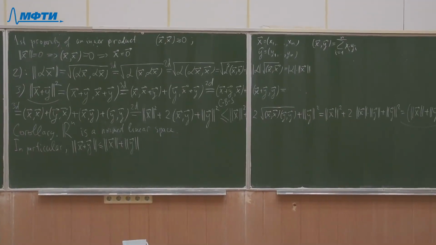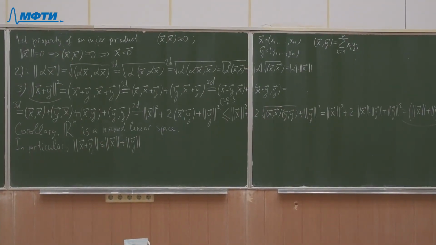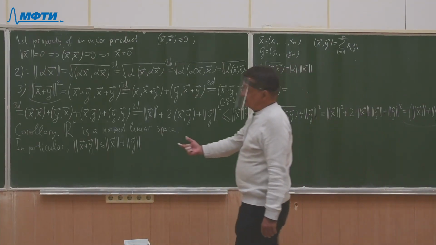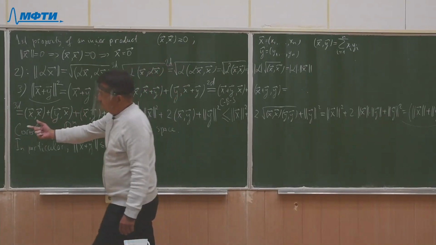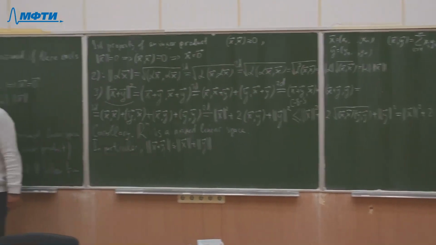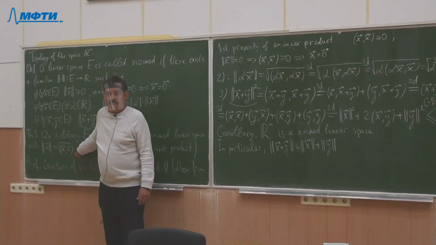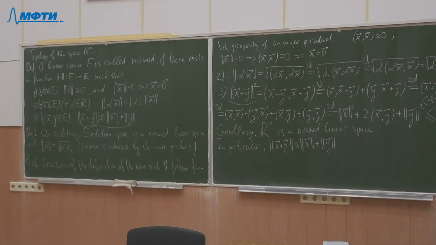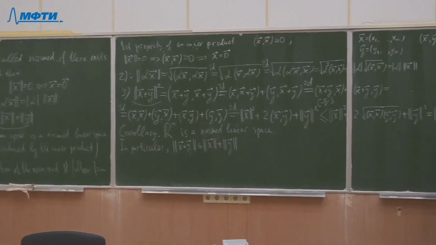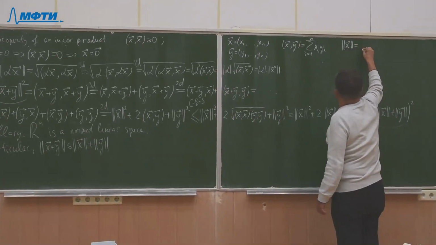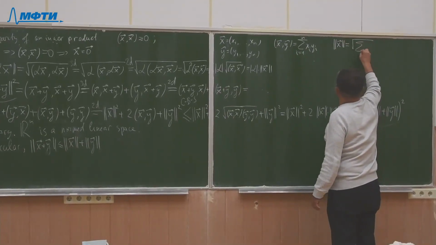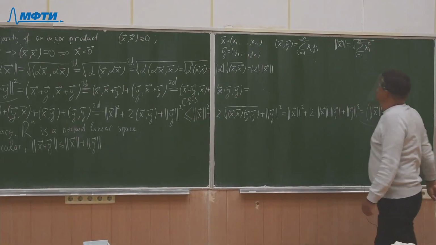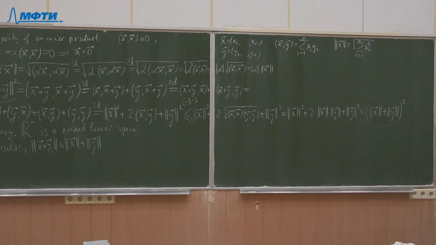That is the definition of the inner product in Rn. And now look, what is the norm? The square root of the inner product by itself, right? So we obtain that the norm in Rn is given by this expression, the square root of this sum, right?